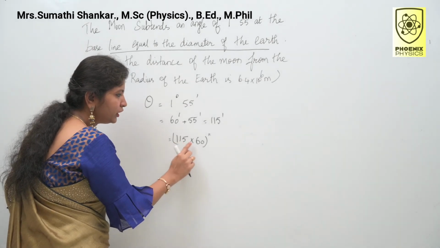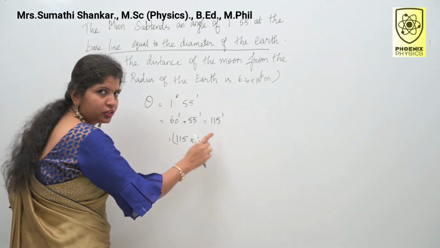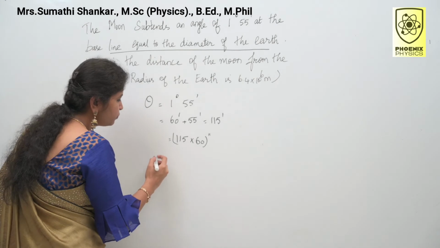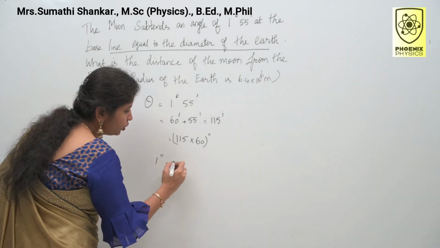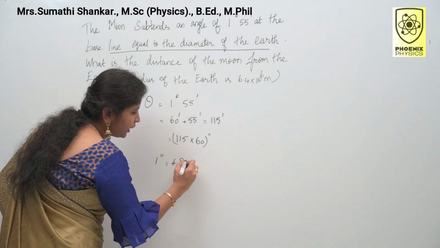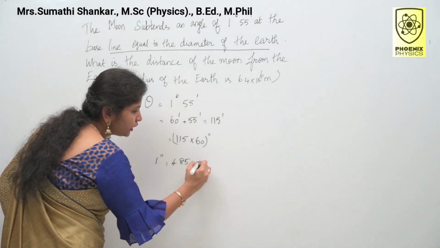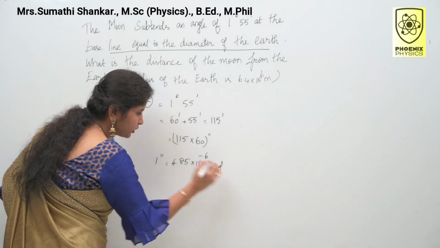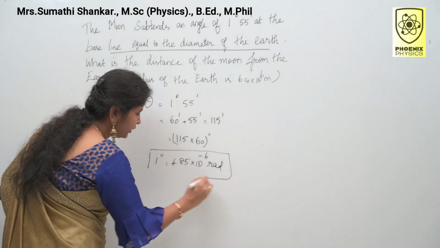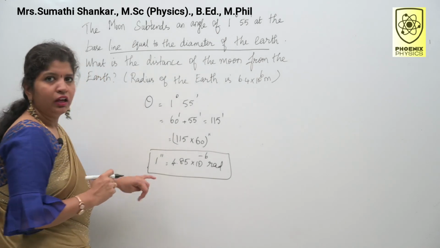So 115 into 60 seconds. You know the relation, that is 1 second is equal to 4.85 into 10 to the power of minus 6 radian. We have already derived this value.